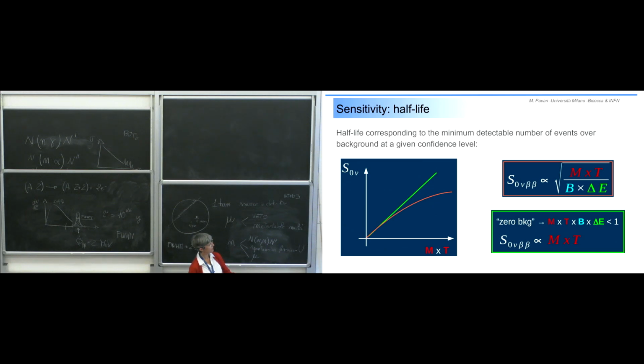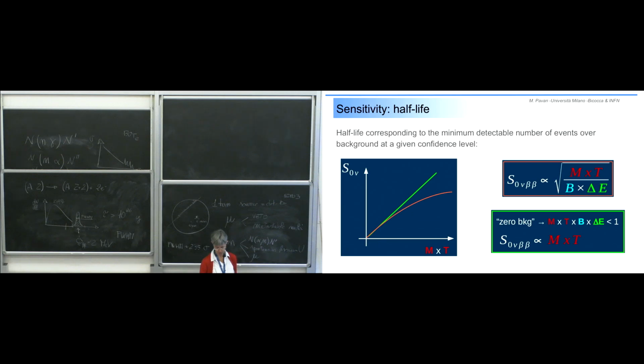If I have background, it scales as the square root of mass and time. And this means, of course, if I don't see a decay, I put an upper limit on the half-life, okay? And this is the maximum upper limit that I can put with my experiment, given the conditions on mass, time, my 10 years, background, and energy resolution.